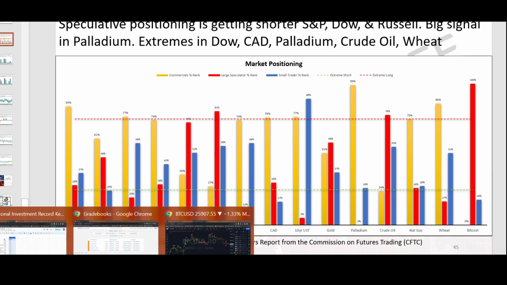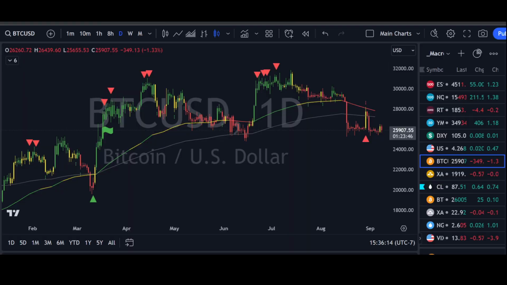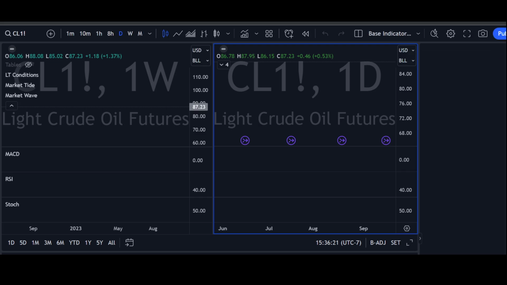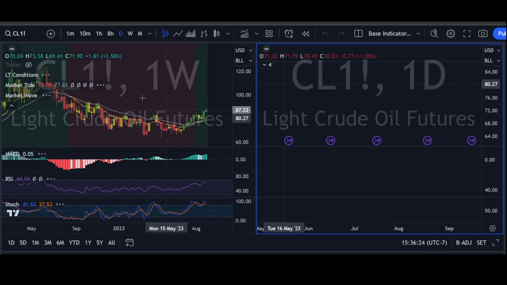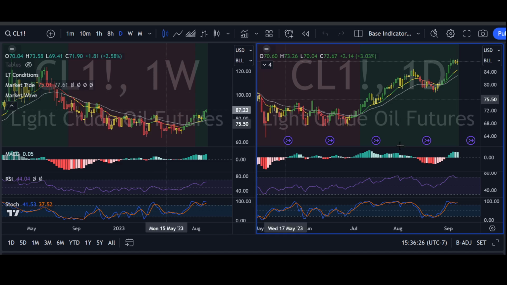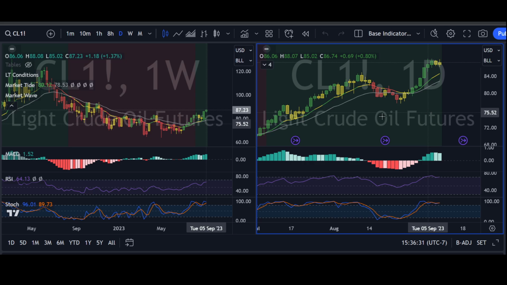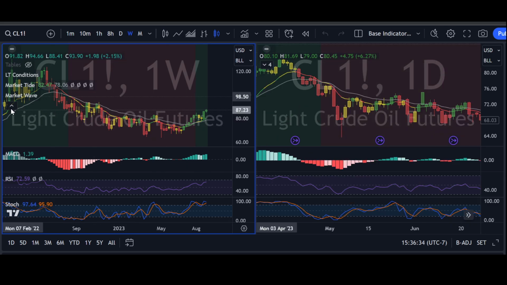And then when you come back to the charts here, let me pull up my side-by-side crude oil chart. We'll see if it will load. Sorry about that, I'm doing this in real time. When you pull up the crude oil chart, on the right panel you've got the daily chart, and on the left panel you've got the weekly chart.